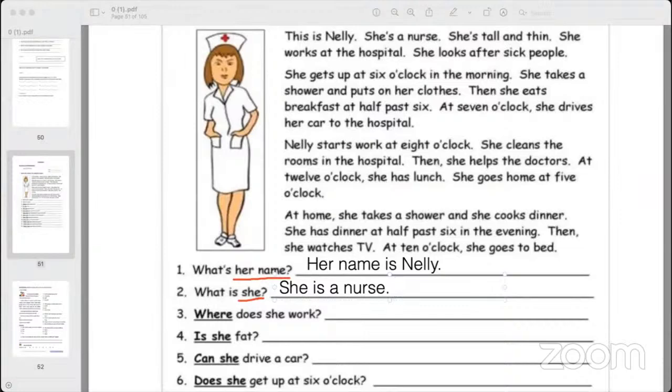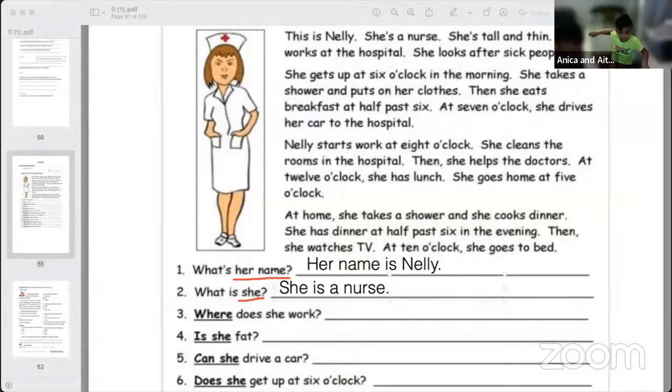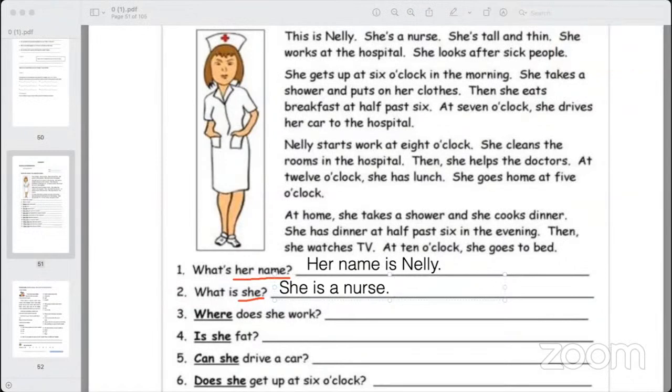Any questions so far? No. Okay. Number 3, where does she work? Can someone give me the answer to that question? How will you write that answer in full? She works at the hospital. Good. Well done.